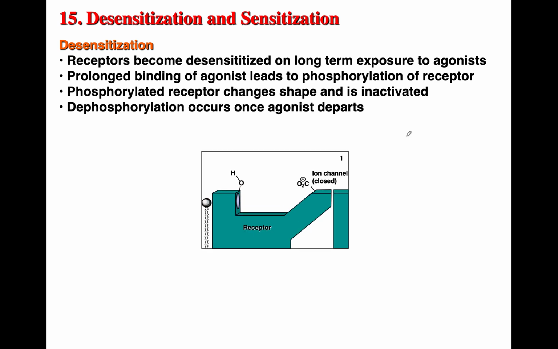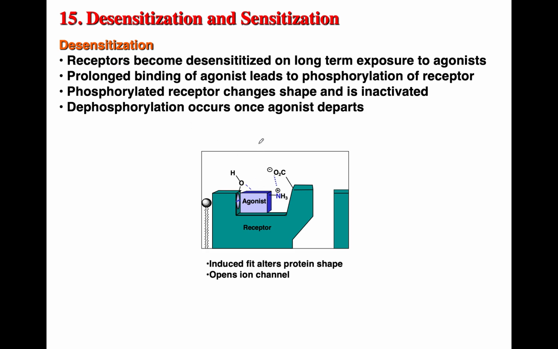Looking at this image here, for instance, you have an agonist that's going to come and bind to the receptor. Because of the presence of the agonist, the ion channel is going to open. But this agonist has stayed in the binding site for so long that after a while, you are going to see phosphorylation and then closure of this channel.